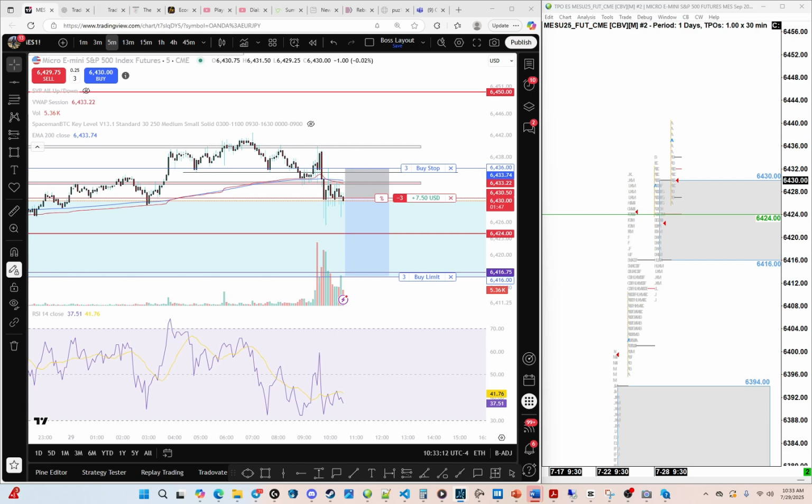We have this flag pattern that's forming. Here we go.